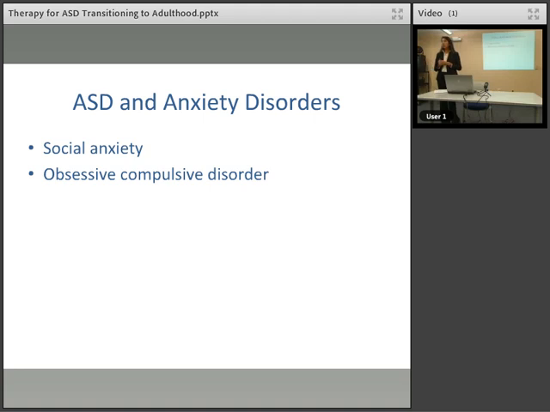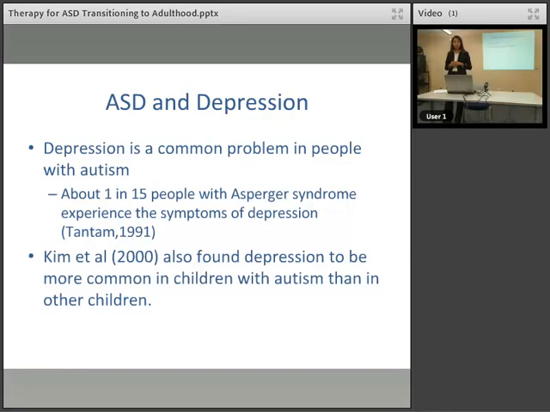So it is important to keep in mind within the population of autism spectrum disorders that the behaviors and repetitive interests will manifest differently when there is a coexisting anxiety disorder.